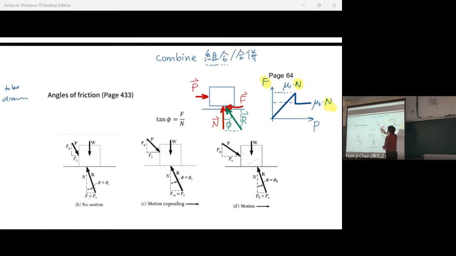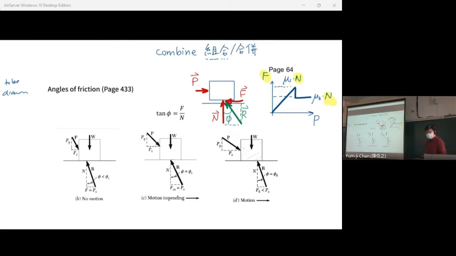So we put N and F together, and we have R here, and we have this angle called the angle of friction. So, is that okay?